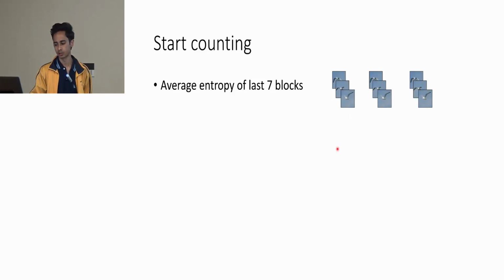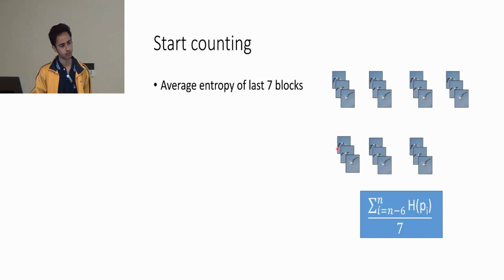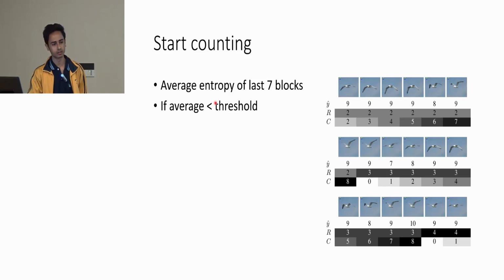So they take 7 consecutive blocks, and once they have the average entropy, if it is less than a certain threshold, then it signals that a repeating action has started.